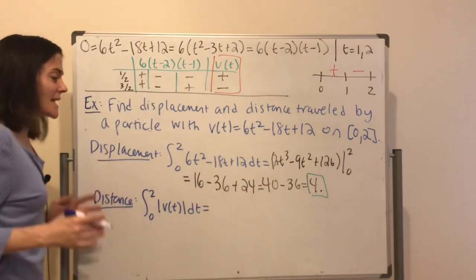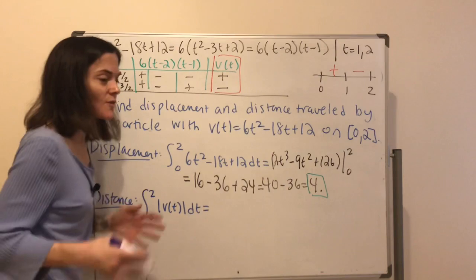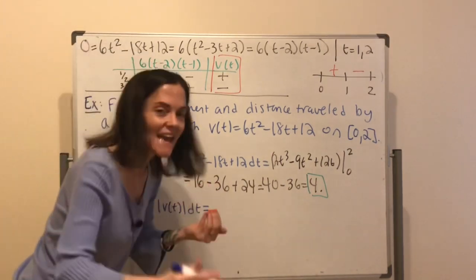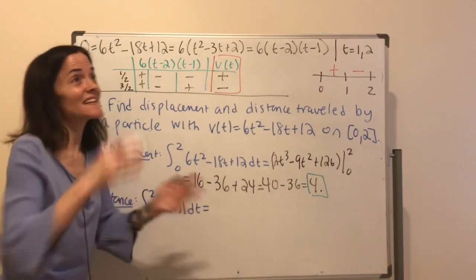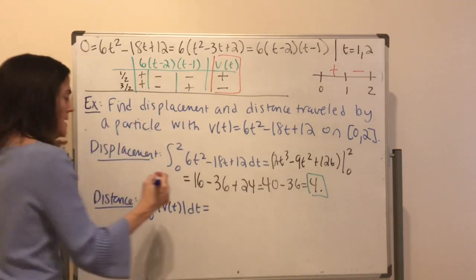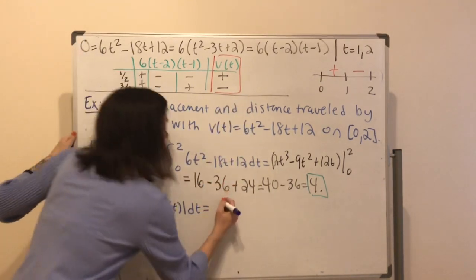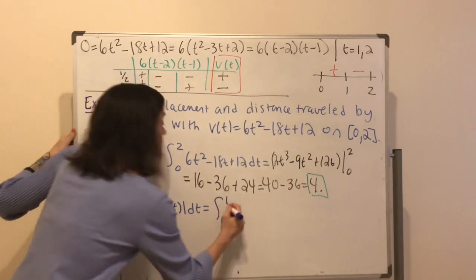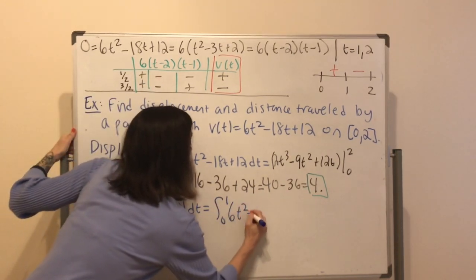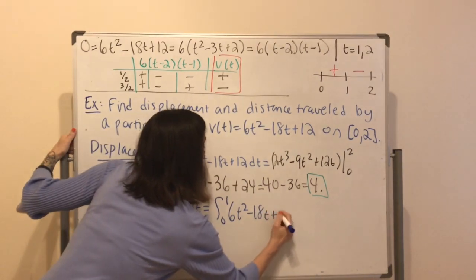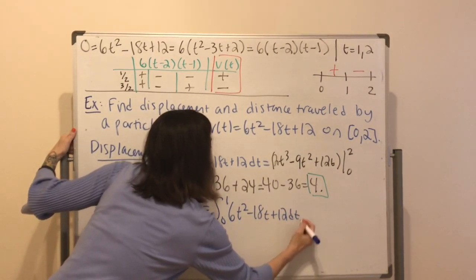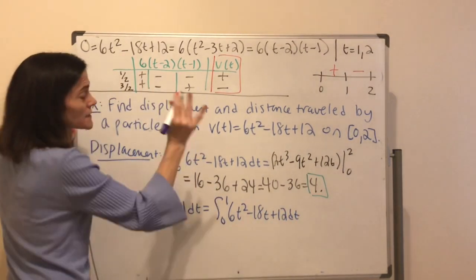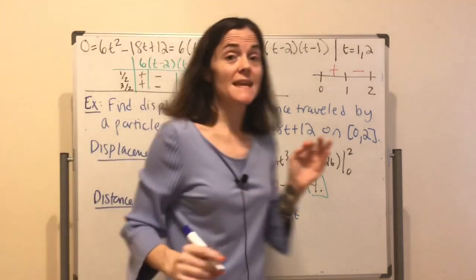When the velocity is negative, then the absolute value of a negative number is the negative of it. So here, I see on 0 to 1, my velocity is positive. So I'm going to integrate velocity. Okay? But then on 1 to 2, my velocity is negative.